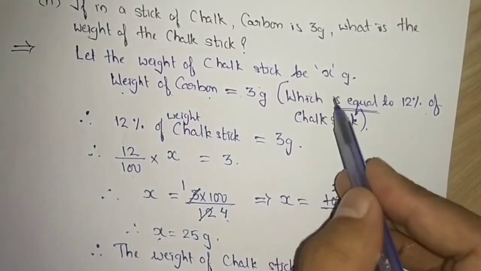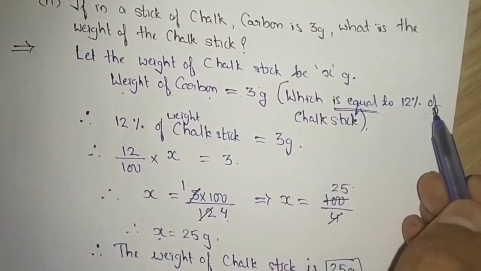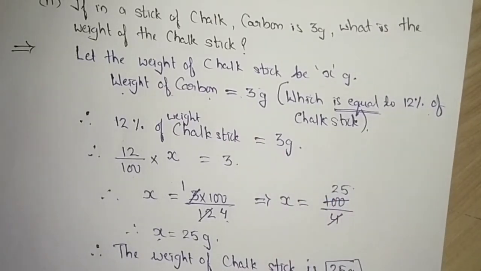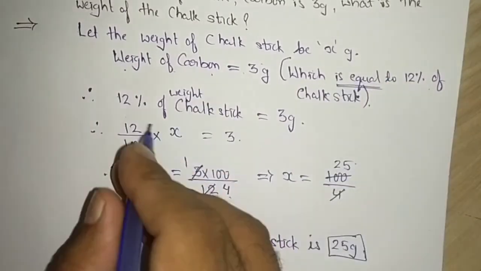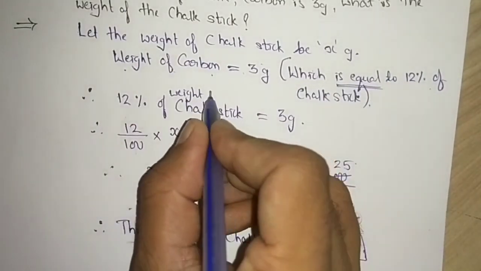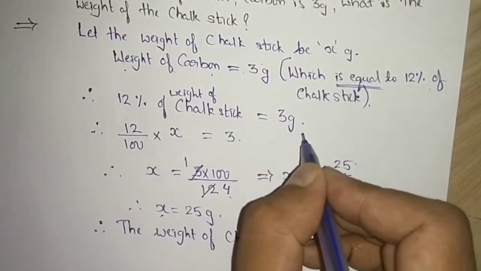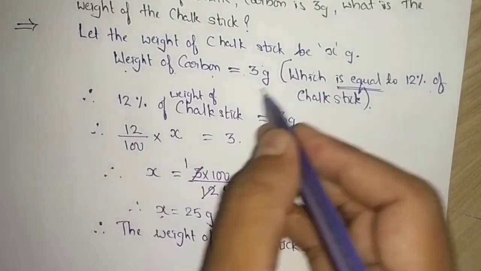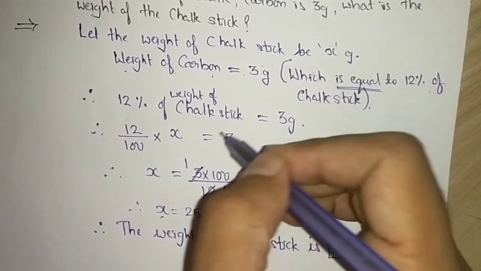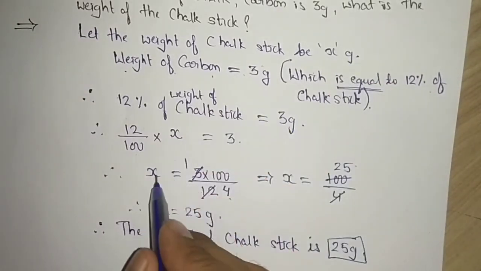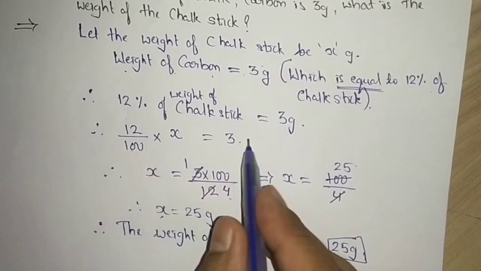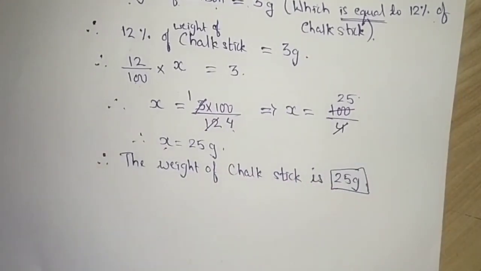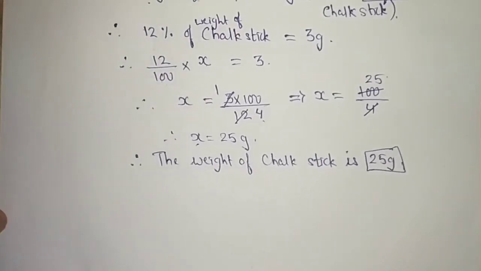So I have written 12% of weight of chalk stick is equal to 3 gram. Then 12 divided by 100 into x, because the weight of chalk stick we have taken is x. We want to find x, so we multiplied 100 with 3 and divided by 12, and finally solving we got 25 gram.